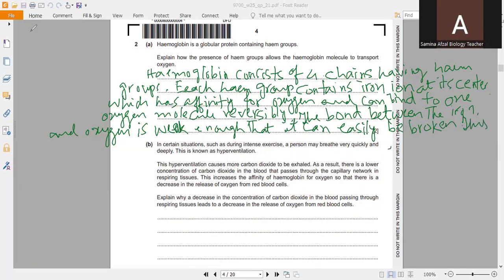This allows oxygen to bind with hemoglobin.